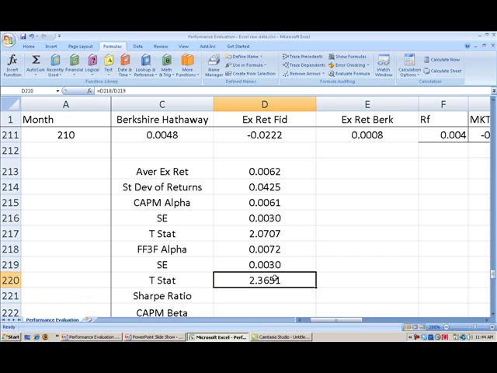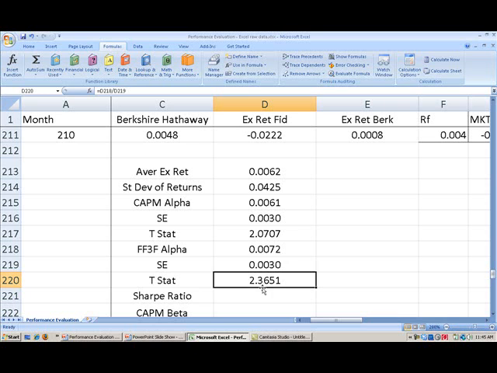So we've now calculated Jensen's alpha for Fidelity using the CAPM, which is here, and the three-factor model here. The t-statistic in both cases is greater than 2. This suggests that Fidelity are earning abnormal returns.